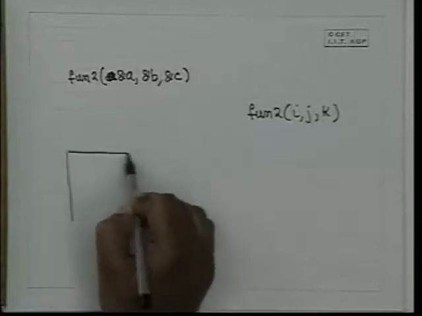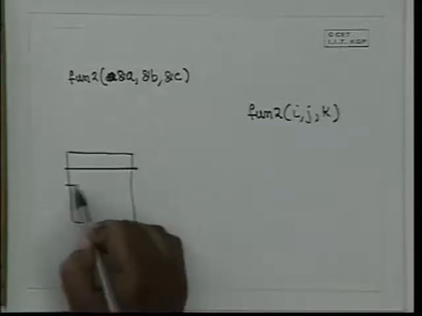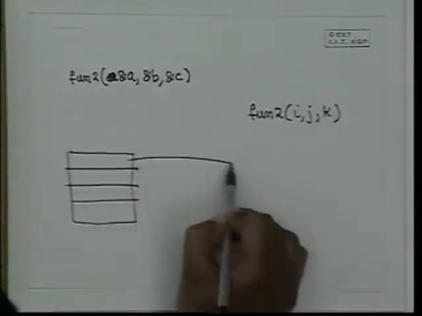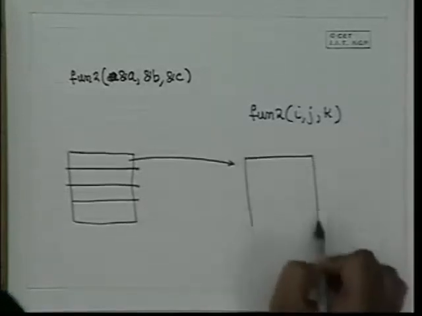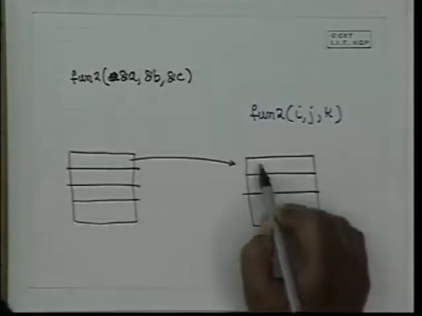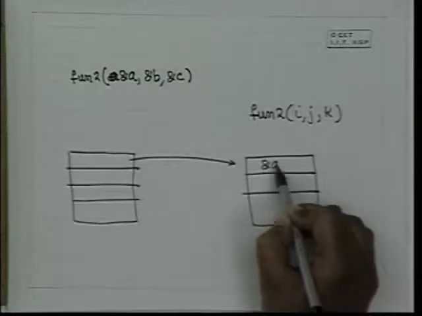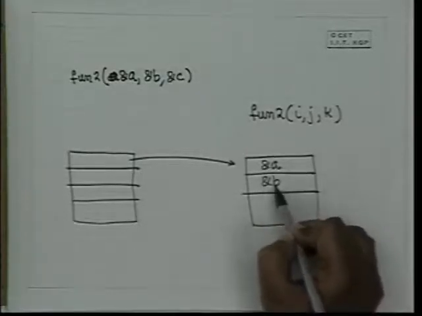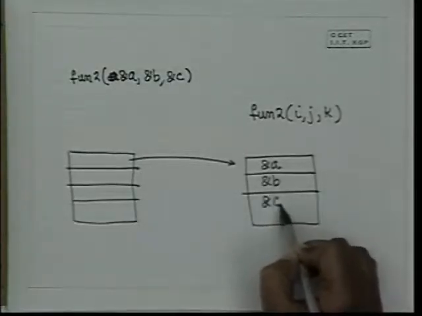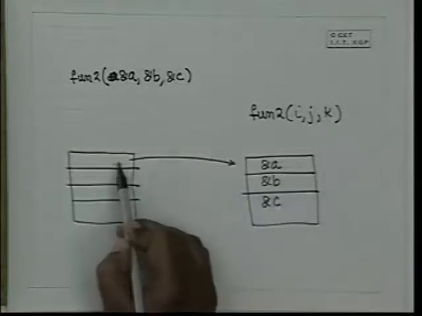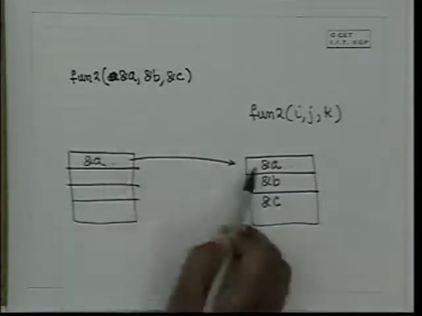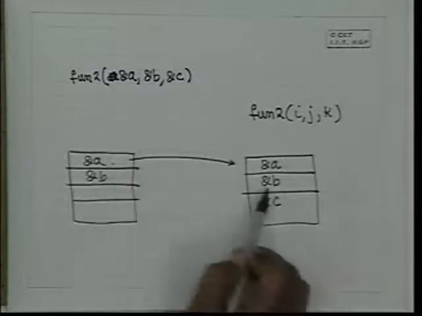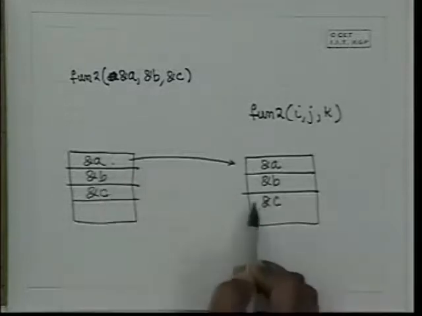So the three locations will be copied here into I. Here I will have the address of A, here I'll have the address of B, and here I'll have the address of C. So this address of A, which is here, will be copied in, address of B will be copied in here, and address of C will be copied in here.